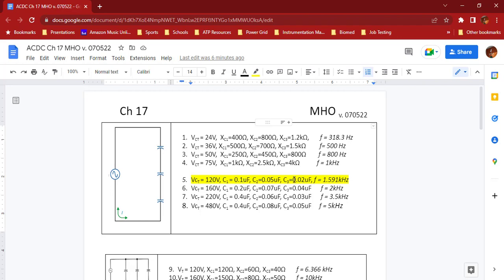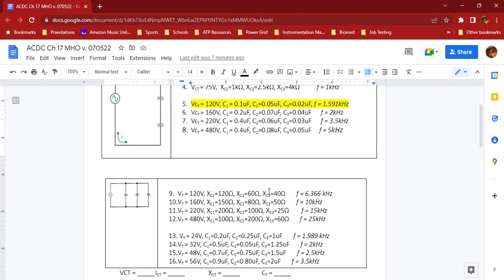One thing I want to point out to you is that in number 5 here, we're given our capacitance values. And when we're given our capacitance values, we have to find our capacitive reactance values. In number 1, we were given our capacitive reactance values and we had to find our capacitance values.